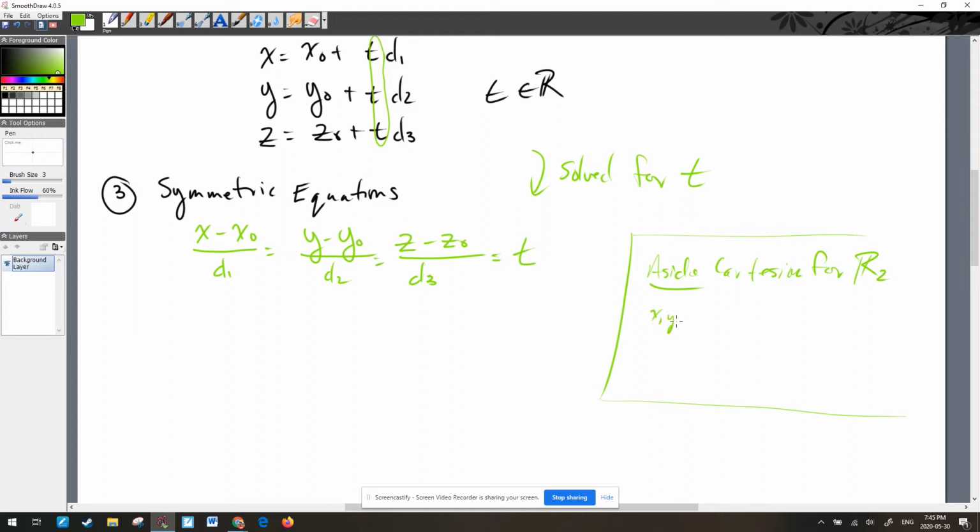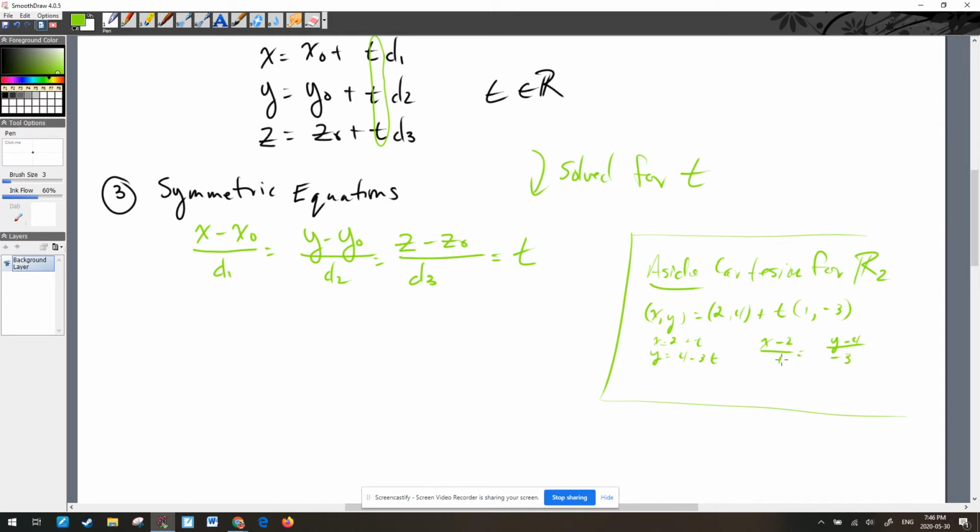So xy is equal to 2 comma 4 plus t times 1 negative 3. There was the vector equation, and then we had x equals 2 plus t and y equals 4 minus 3t. Then we would solve and say that x minus 2 over 1 is equal to y minus 4 over negative 3.